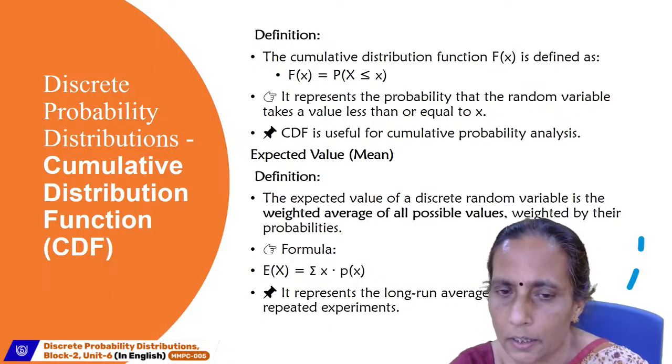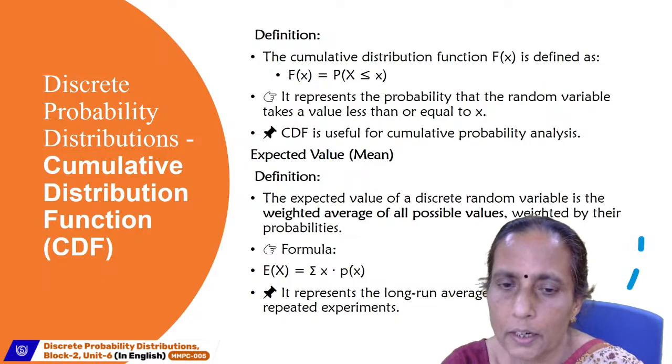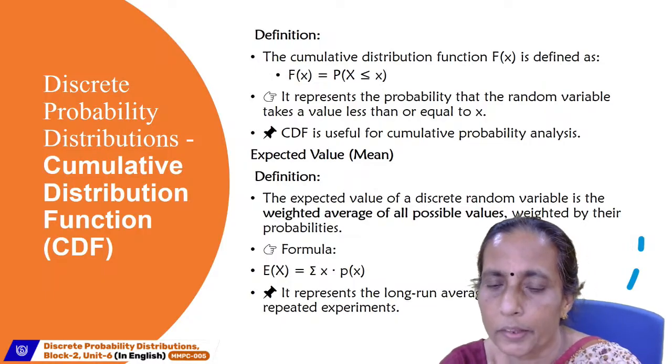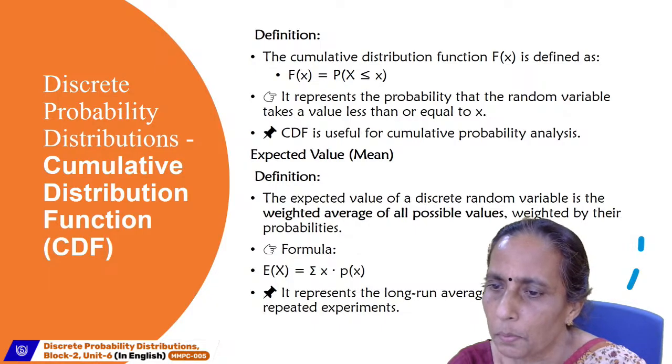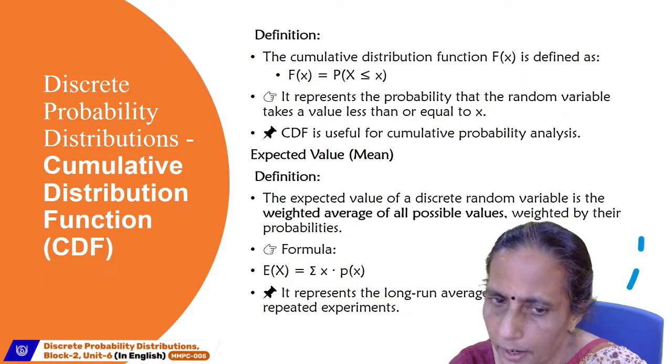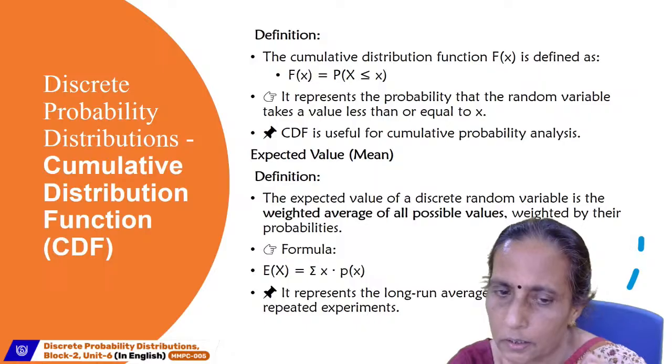The definition, as we made it previously: the expected value of a discrete random variable is the weighted average of all possible values, weighted by their probabilities.